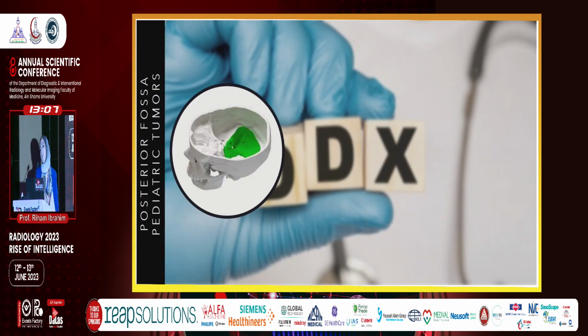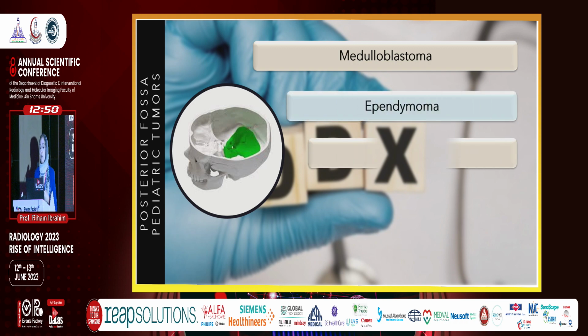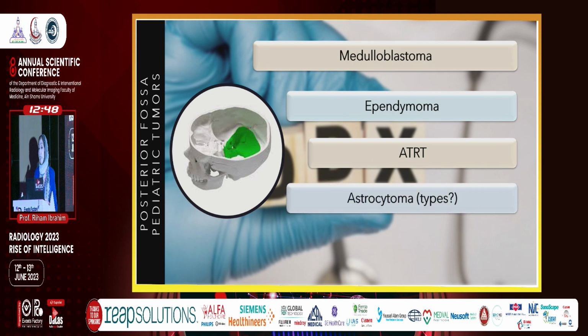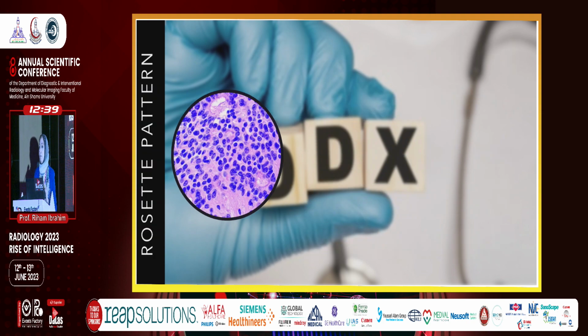So when we come to assess the case from our point of view, we have a differential diagnosis that is based on the clinical and the radiological findings, and then we combine it with our histological differential diagnosis. From the clinical point of view, as all my colleagues have mentioned, this is a pediatric patient, a 2-year-old with a posterior fossa tumor. We have medulloblastoma, ATRT, ependymoma, some types of astrocytoma, CNS tumors with internal tandem duplication. These are the most commonly encountered in this age group, in this location.